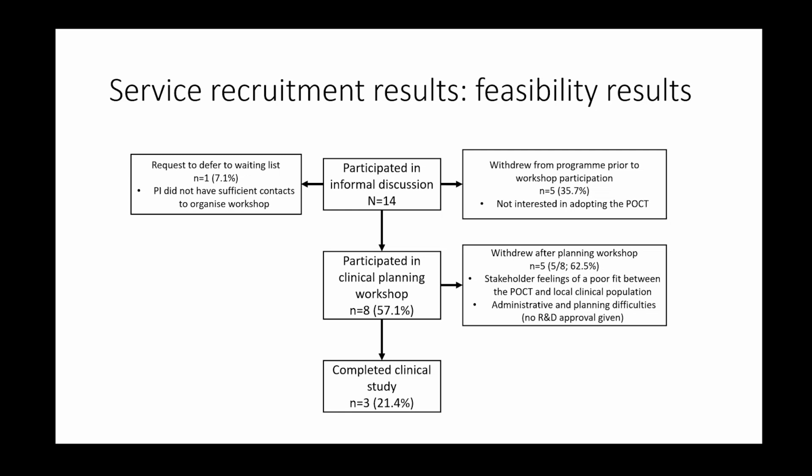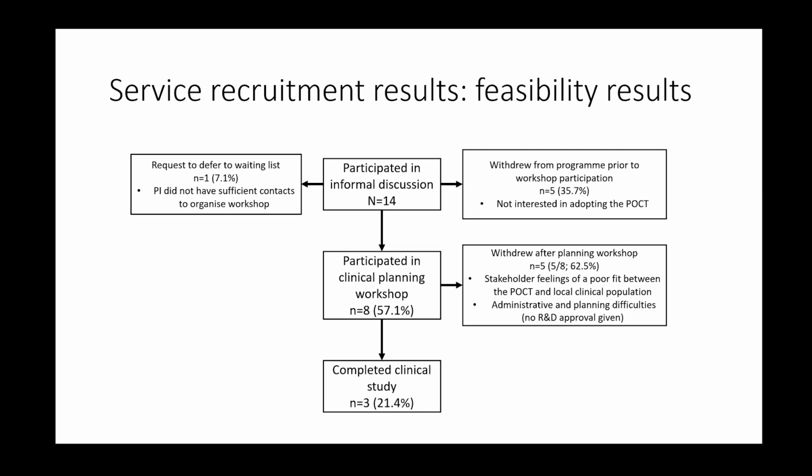So 8 participated in a clinical planning workshop, and 5 of those withdrew after the planning workshop. So that's a pretty high attrition rate, 62.5%. And that was because stakeholders felt that it wasn't really a good fit between the test and the local clinic population, and also due to administrative and planning difficulties with the research study and the implementation aspects of the project.